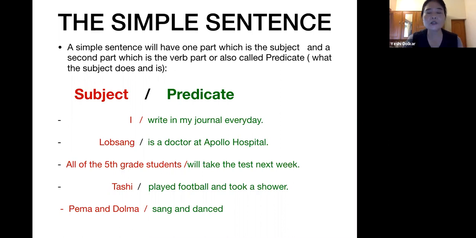All right. Now look at number 3. The subject is all of the 5th grade students. Will take the test next week.